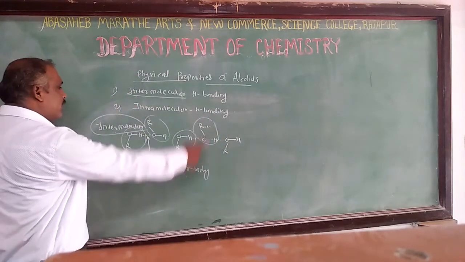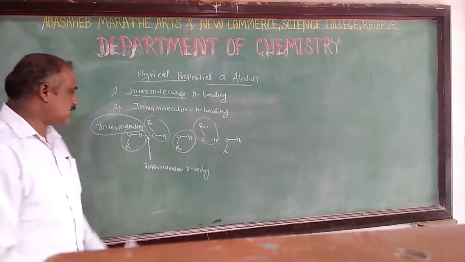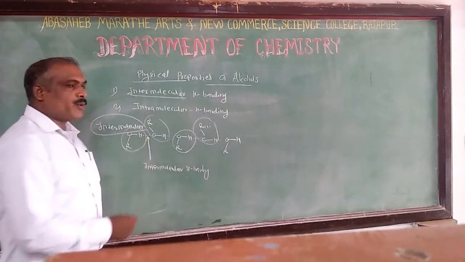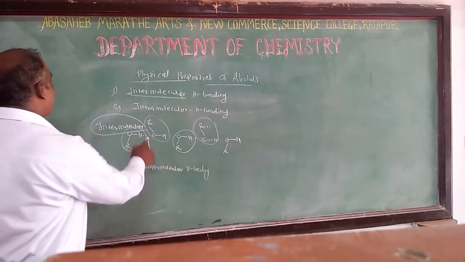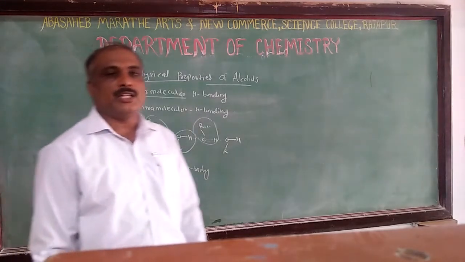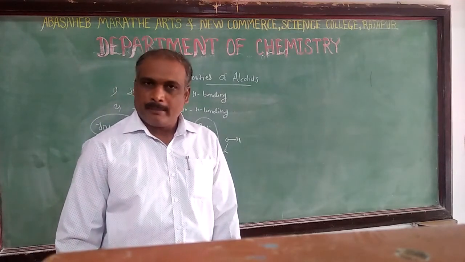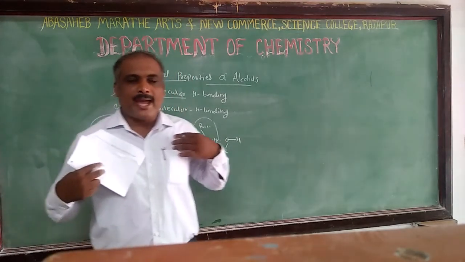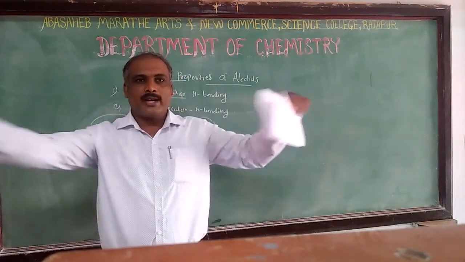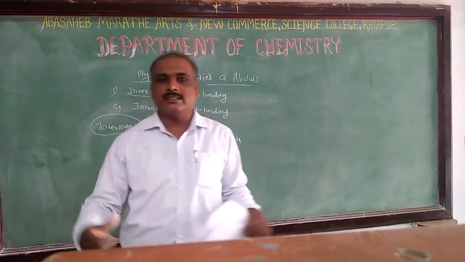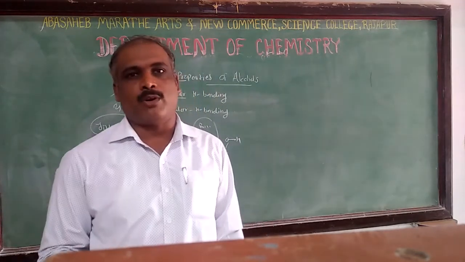A number of molecules can join through the positive and negative ends of OH. It is like one man and other men joining hands with each other. This is called intermolecular hydrogen bonding.